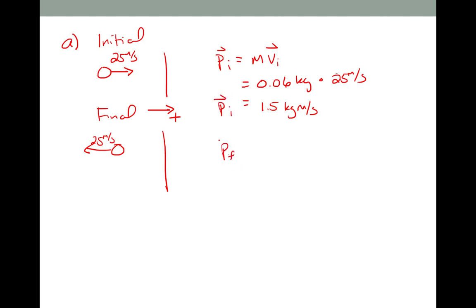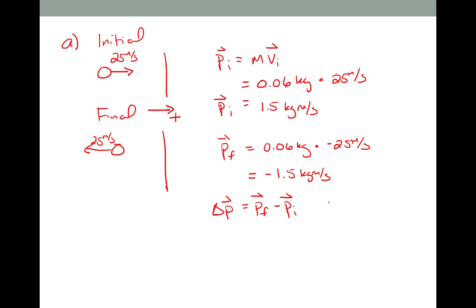Our final momentum will be 0.06 kilograms times a negative 25 meters per second, because the ball is now moving to the left. So the final momentum will be negative 1.5 kilogram meters per second. And I can find the change in momentum by taking the final momentum, subtracting the initial momentum, which is going to give me negative 3 kilogram meters per second.